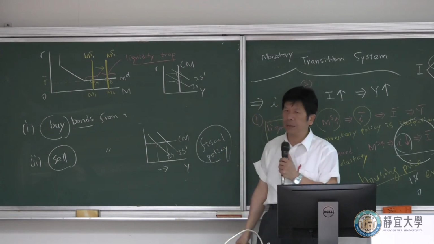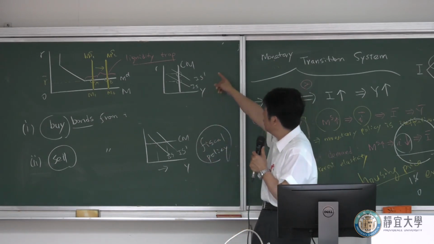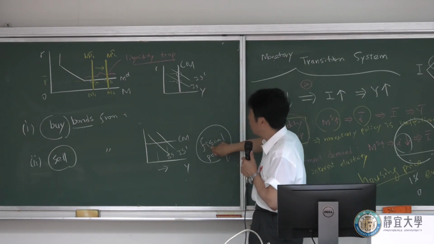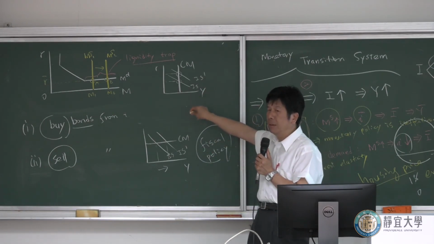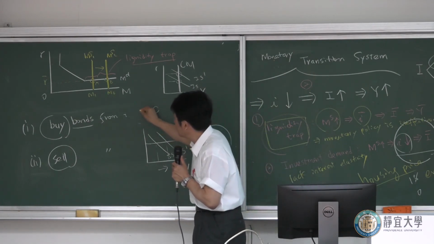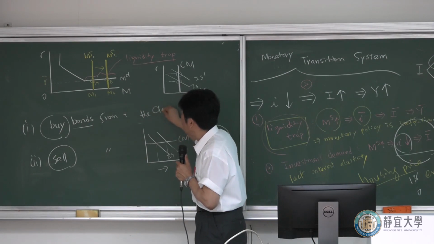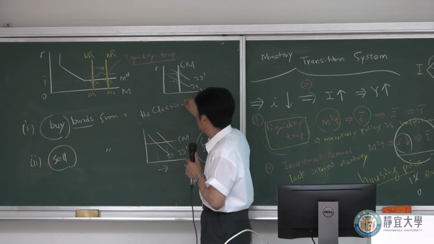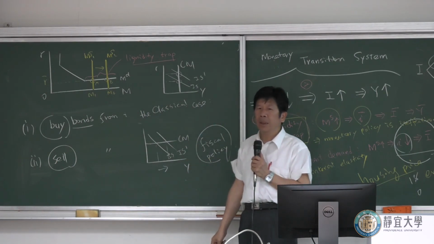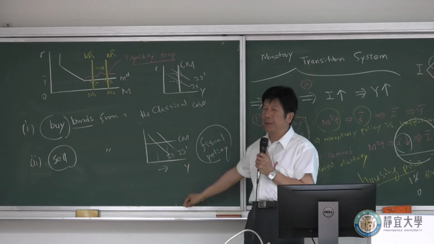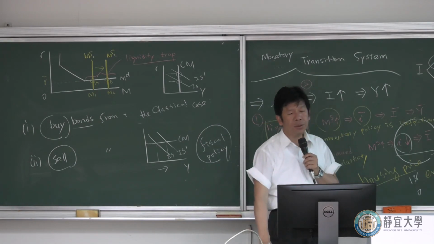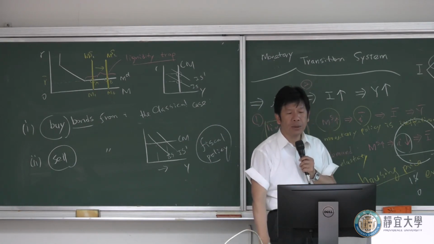This is effective, but like here, this is effective for the fiscal policy. So the classical school, the classical case, they don't like the fiscal policy. If possible, you need to go back and check.